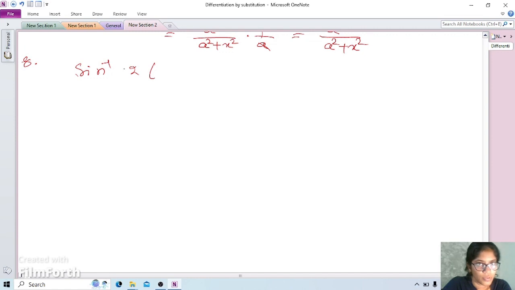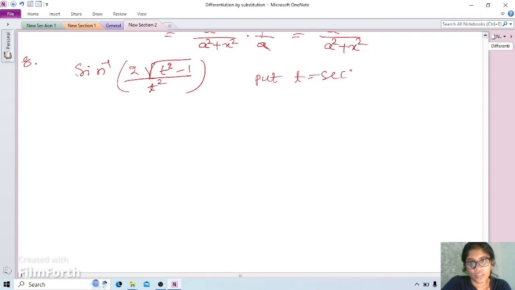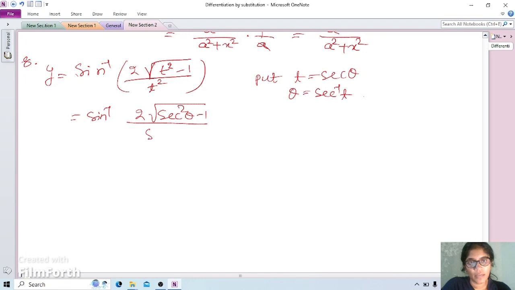Here put t is equal to tan theta. Why will we put this in place of this? Because to convert to the formula of 2 theta. 1 minus tan square theta, we know the formula for this is cos 2 theta. So that's why we put t equal to tan theta: cos inverse of 1 minus tan square theta divided by 1 plus tan square theta, which equals cos inverse cos 2 theta, which is 2 theta.